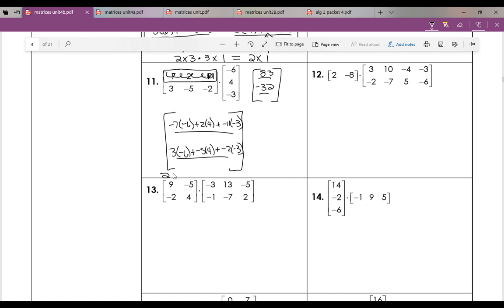13, I have a 2x2 times a 2x3. I can do that because these two numbers match, so my answer is going to be a 2x3. Now, don't have enough room right there, so I'm going to put it over here. 2 rows with 3 elements in it. 1, 2, 3, 1, 2, 3. So I'm looking for 6 numbers.